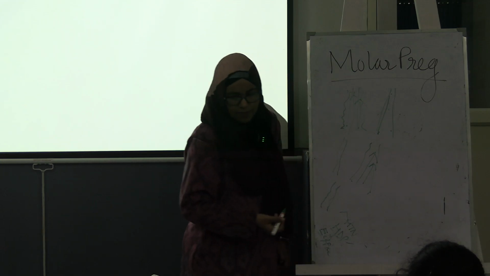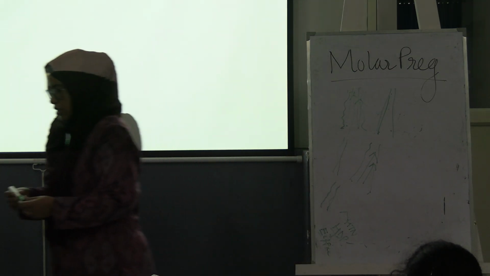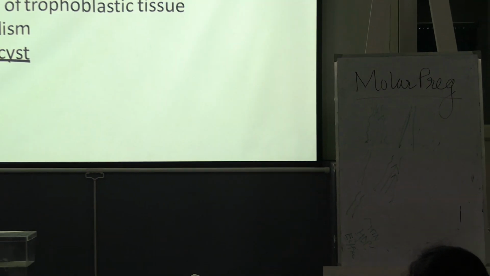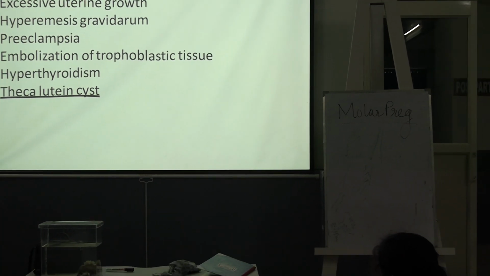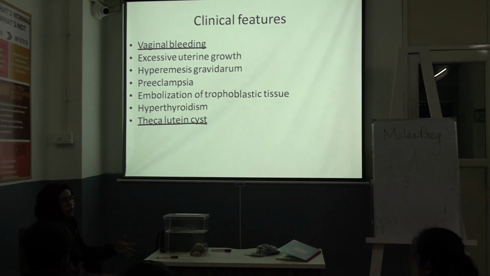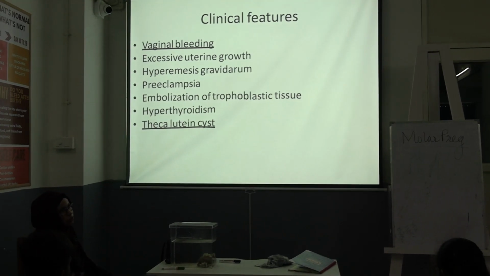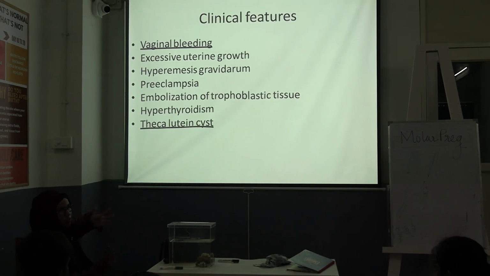So here, the remodeling of the arterioles is done by the cytotrophoblast. If the cytotrophoblast is working properly, that can result in proper remodeling of the spiral arterioles. But if the cytotrophoblast is not doing its job, that will not result in proper remodeling. So that's the main cause, because here the main problem is in the syncytiotrophoblast and cytotrophoblast.